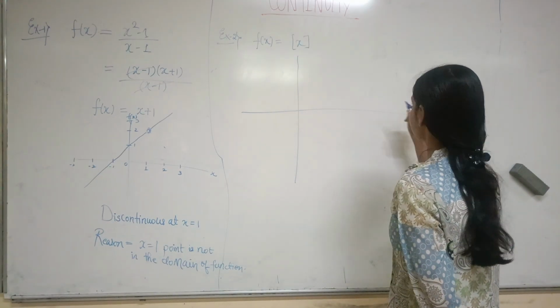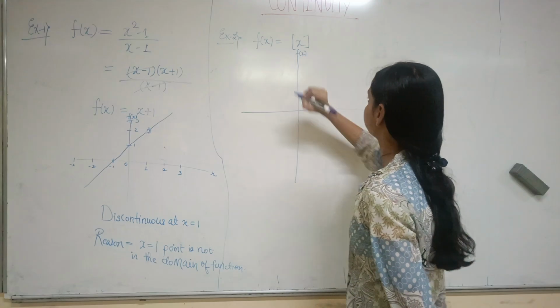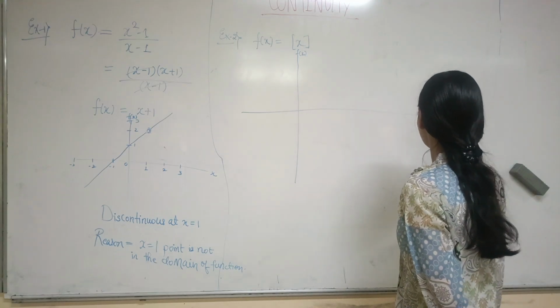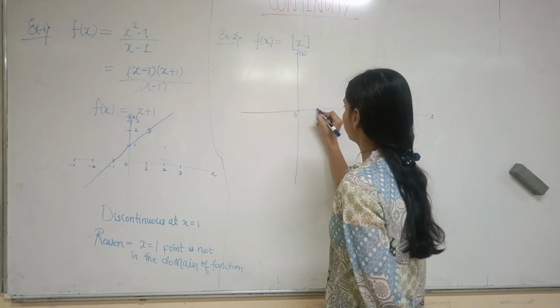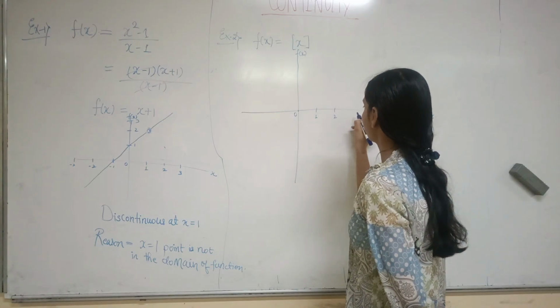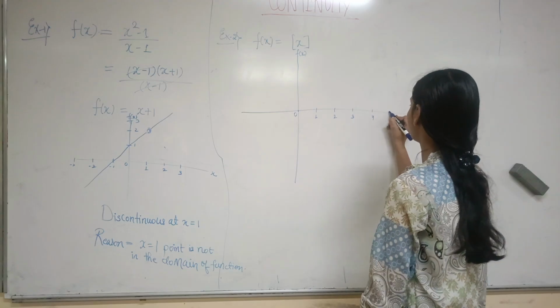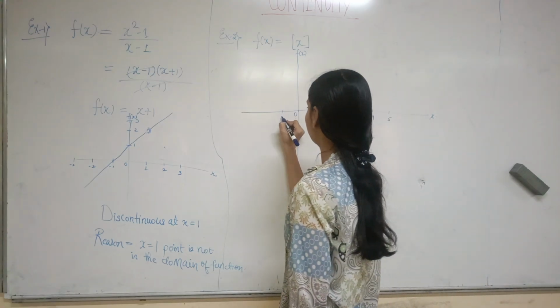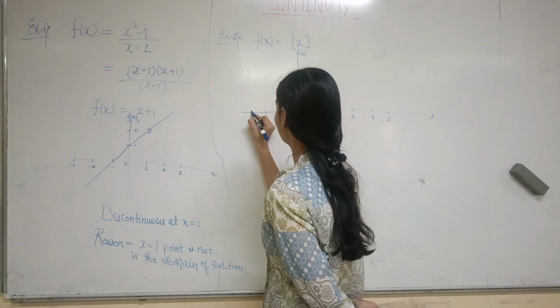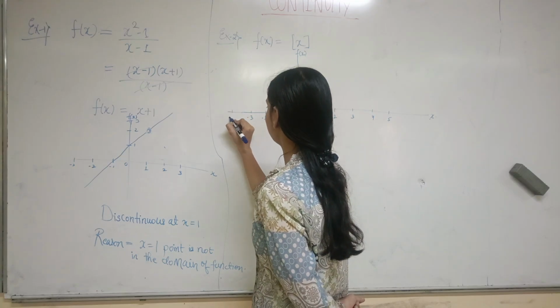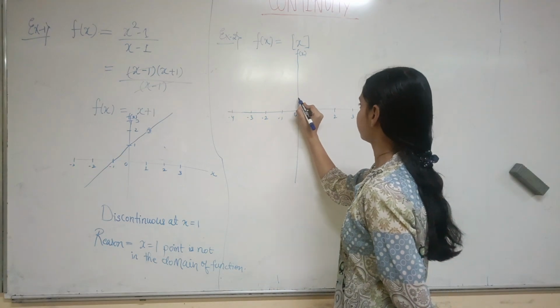Take x and here f(x): 0, 1, 2, 3, 4, 5, minus 1, minus 2, minus 3.